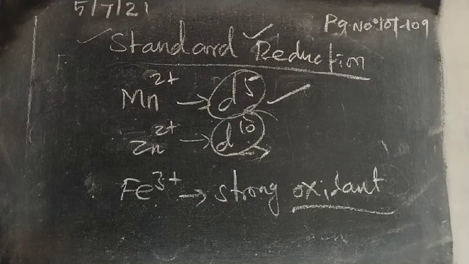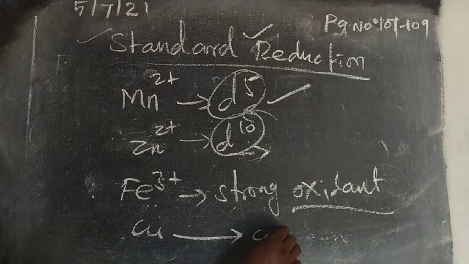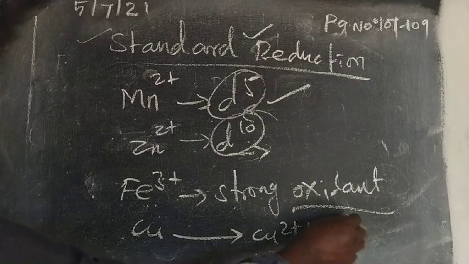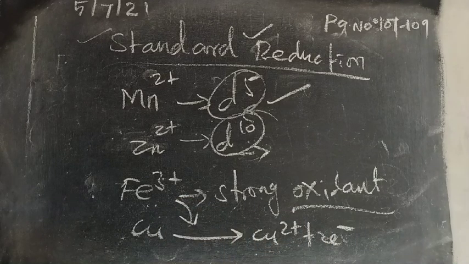It can oxidize copper to copper 2 plus ion. They act as a strong oxidant due to their nature. Even copper, we already studied, copper metal is more stable than copper 2 plus. But copper can be oxidized to copper 2 plus by this Fe3 plus ion.